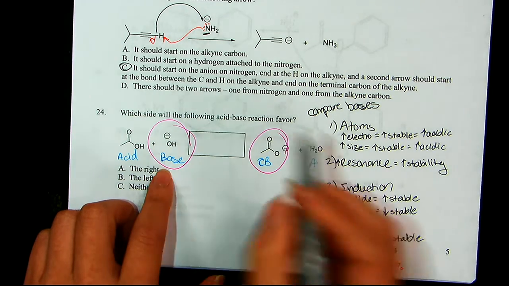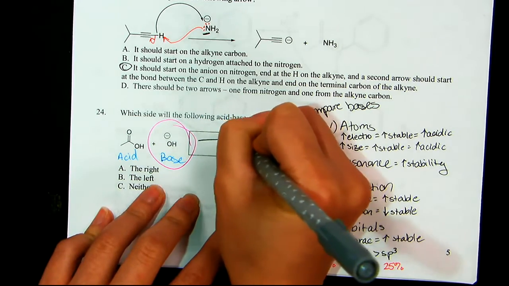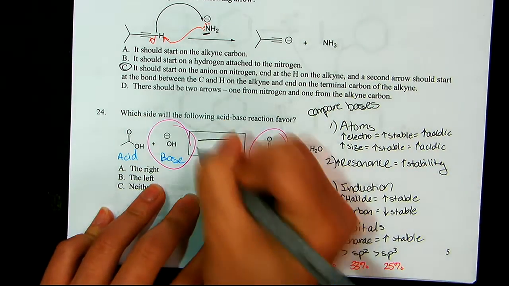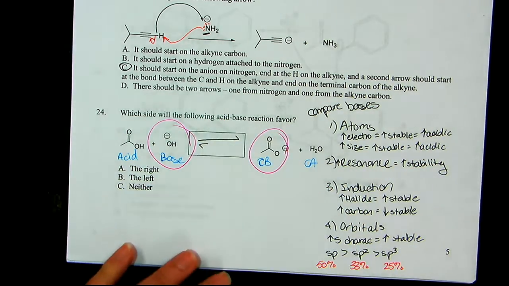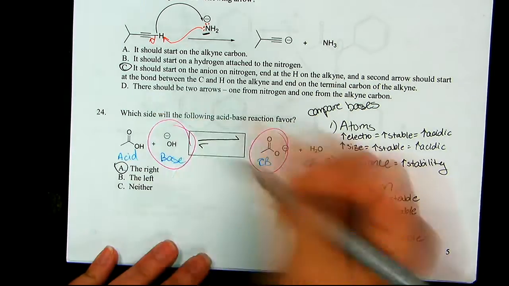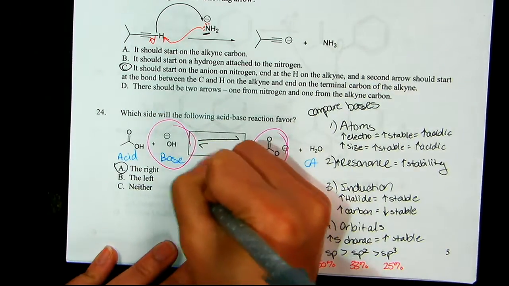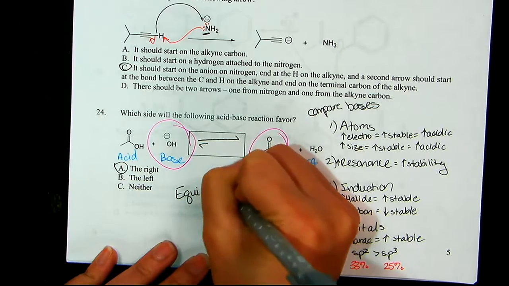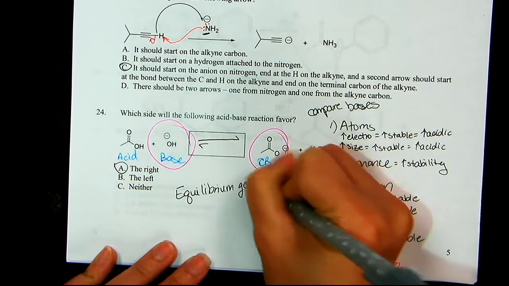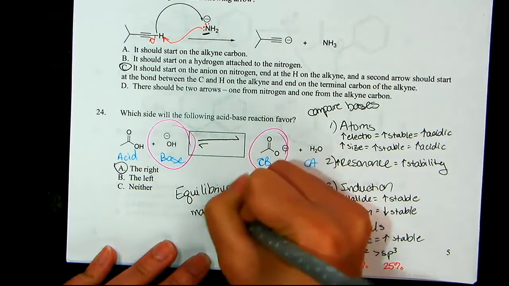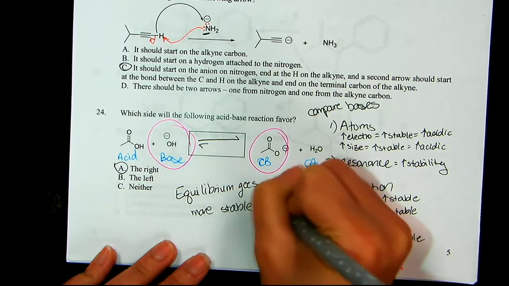Does that make sense? So in other words, equilibrium will go to the side that's more stable, which is that side. So it's going to go towards the right. Equilibrium will go towards the more stable side.